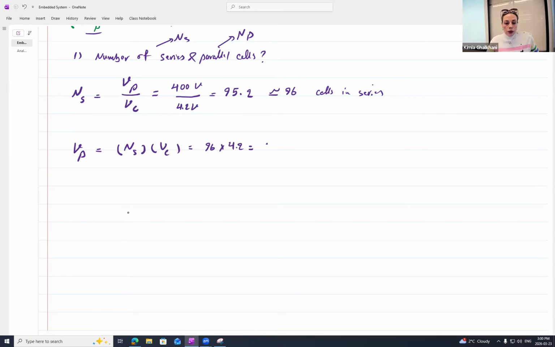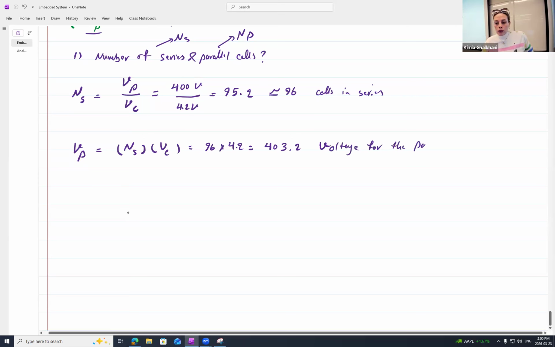Then I'm gonna have 403.2, which is going to be the voltage for the entire pack.